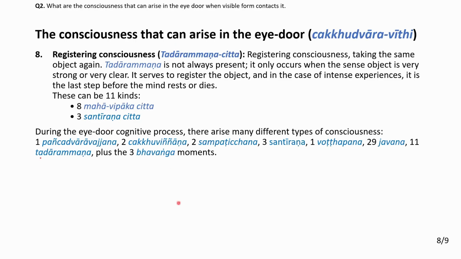Okay, then 29 Javana, 11 Tadarammana, plus 3 Bhavanga, 1, 2, 3, 4, 5, 6, 7. Some of the plus citta 3 is actually Bhavanga, no moments. I'm not sure about that one because it's not revision yet. Is plus 3 Bhavanga moment correct or not?